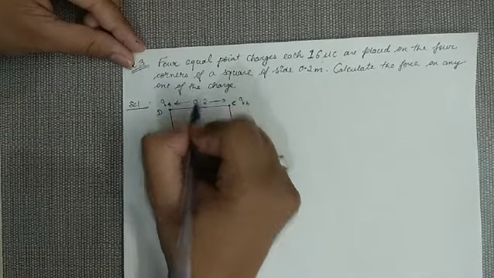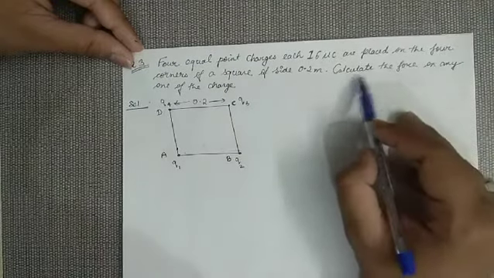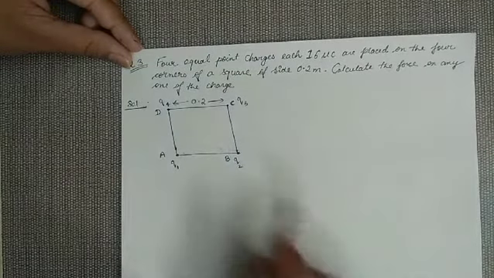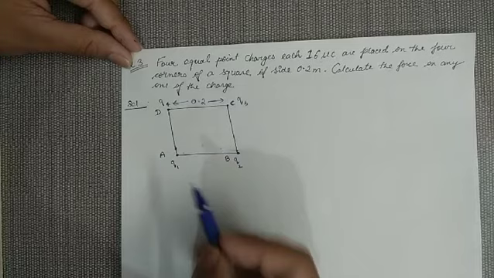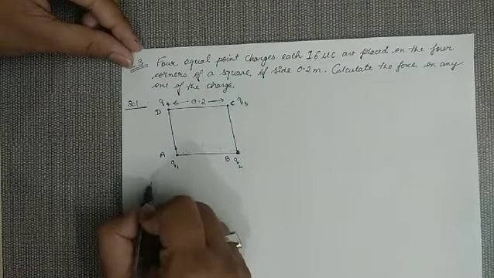This is the length of the square. You can consider any one, it is given, calculate the force on any one of the charges. So in these 4 you can take any one, you can consider it as first, second or third. So let's take B.